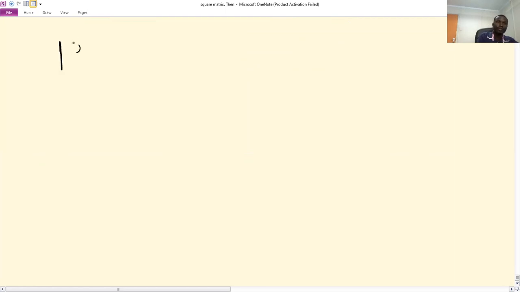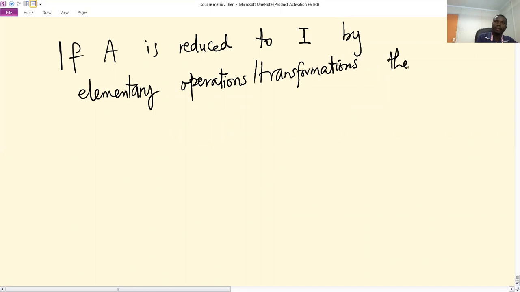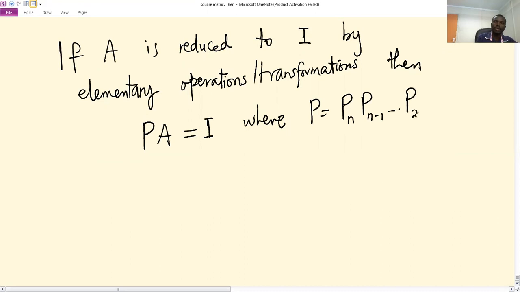So if A, remember A is a square matrix, is reduced to an identity matrix I by elementary operations or transformations, then P times A is equal to the identity, where P is the product Pn minus 1 up to P2, P1.